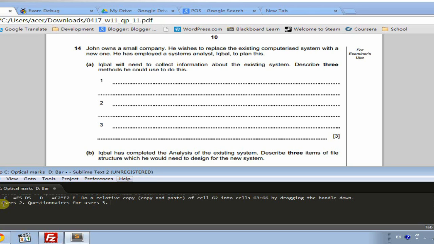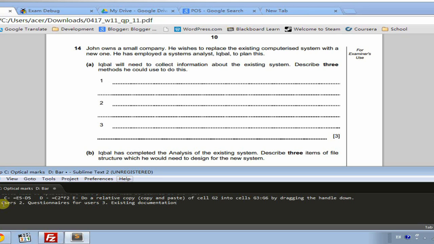Question 3. The third one is documentation. So the system should already have, if it's been done properly, as you'll know, in the systems analysis cycle, we have to produce documentation.